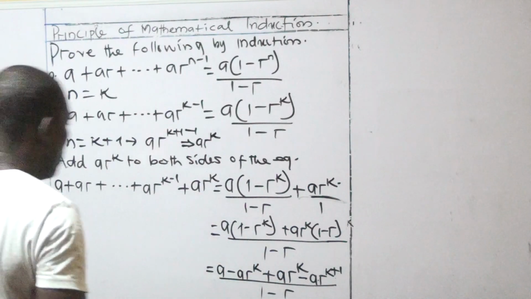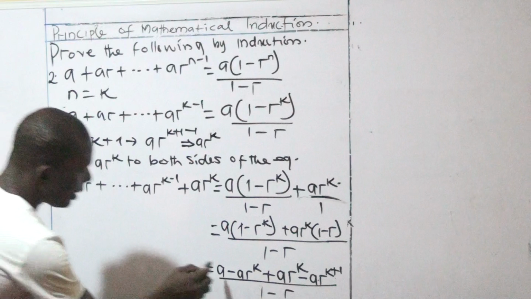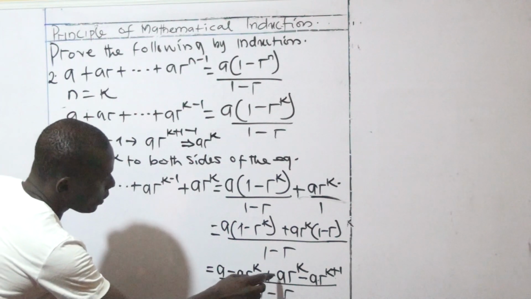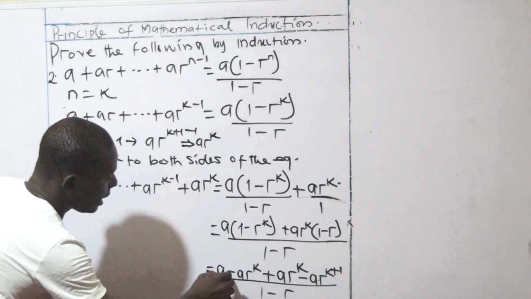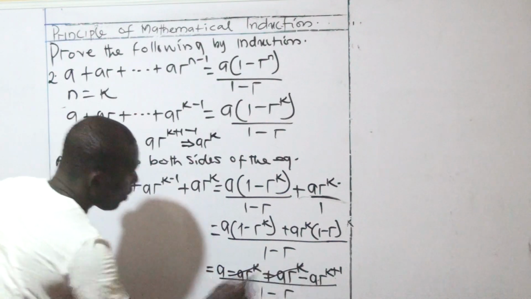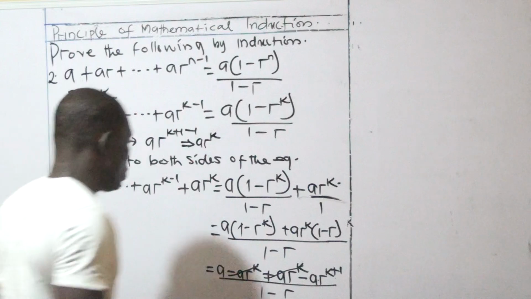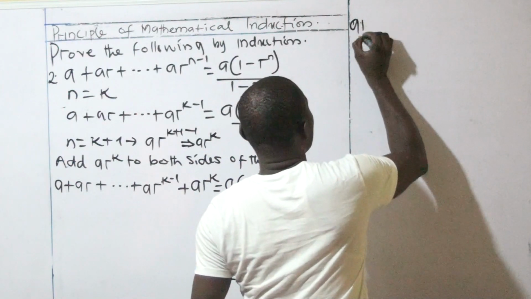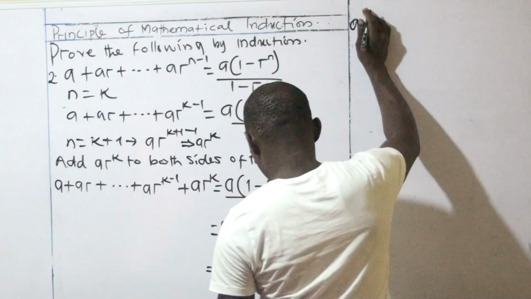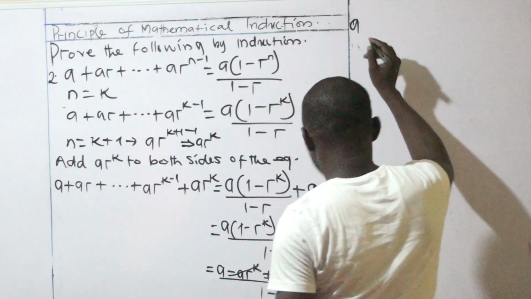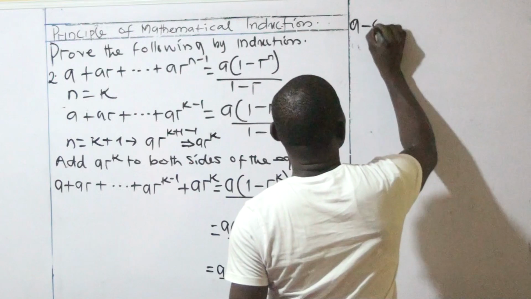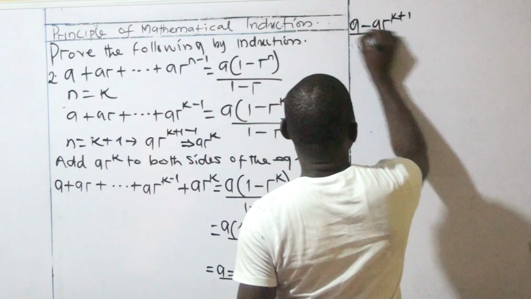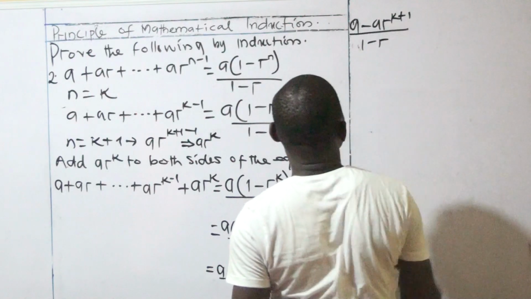Okay. Now if you look at this, minus a r raised to power k plus a r raised to power k, they cancel completely. They are off completely. And we are now left with a minus a r raised to power k plus 1 over 1 minus r.